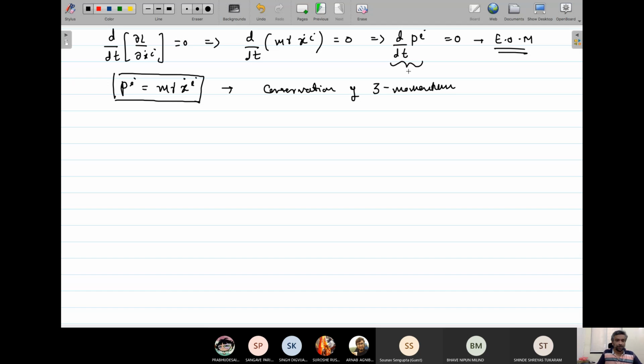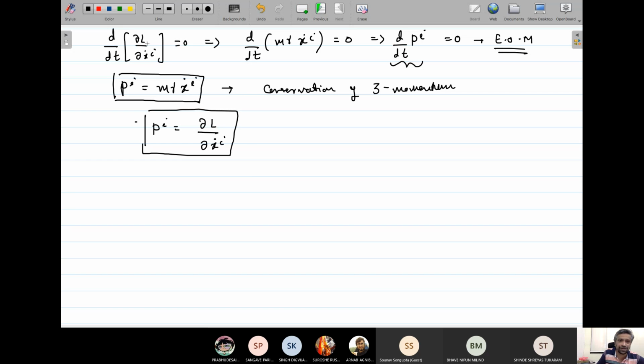Also, what is your canonical momentum? Given the Lagrangian, the canonical momenta pi is given by del L by del xi dot. Recall from classical mechanics, in the Lagrangian framework, the canonical momenta are given by this relation. It is an easy exercise to check that del L by del xi dot is actually this.